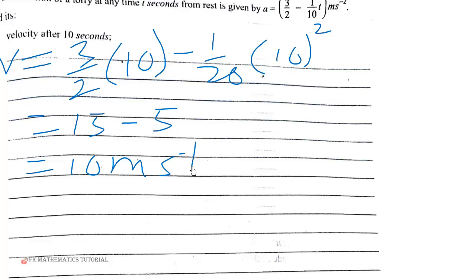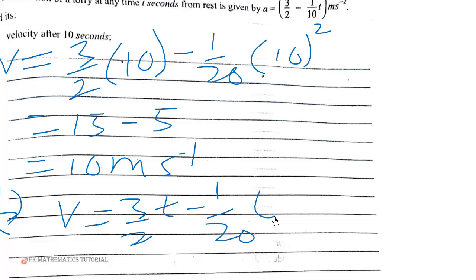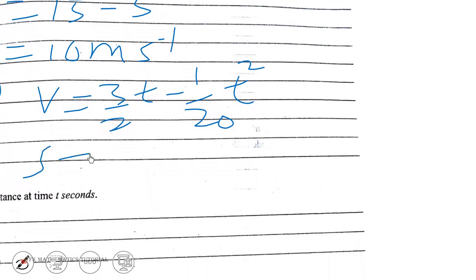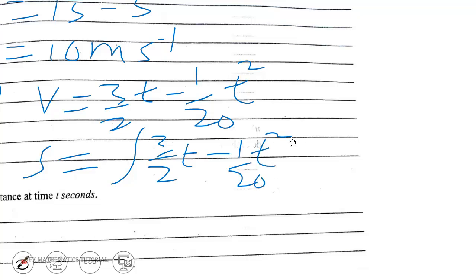Then the B part asks for the distance at time t seconds. For the B part, we pick v = 3/2 t - 1/20 t squared, then we integrate it again to get the distance. So distance s will be equal to the integral of (3/2 t - 1/20 t squared) dt.